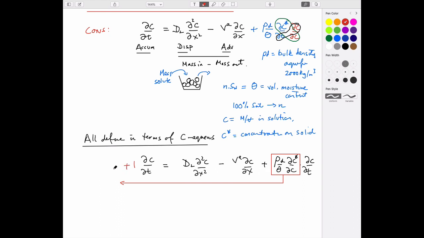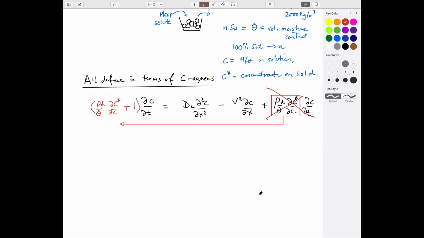We can just rewrite that as bulk density of the aquifer divided by volumetric content, times the change in the amount that's sorbed onto the solid divided by the amount that's in solution. And so that just gets rid of this term. What we have now is a nice little expression, a bit like what we had before. We'll call this term here the retardation coefficient.